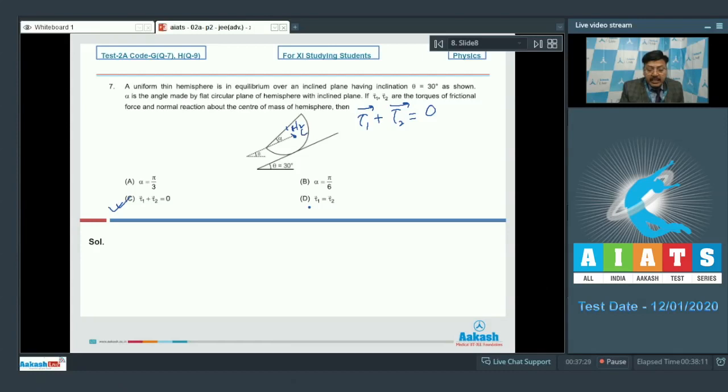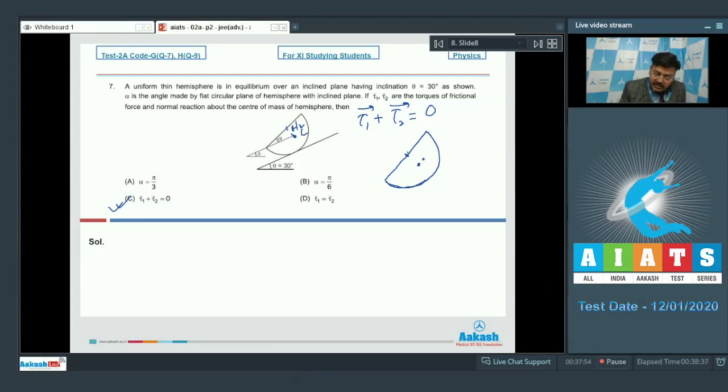Let's now evaluate the angle alpha. For evaluating angle alpha, let's redraw the figure. Let's say this is the hemisphere, something like this, and this is the base. This is the center of curvature.